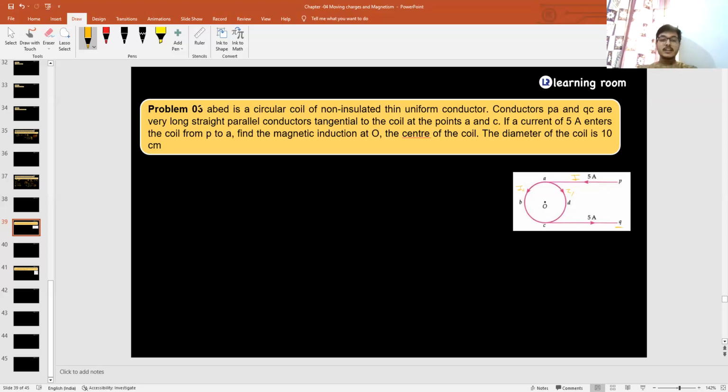How is I related to resistance? Directly or inversely? The inverse. Inversely proportional. So I is inversely proportional to resistance. Agree, everyone? Yes, sir.